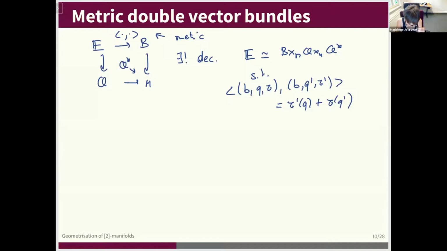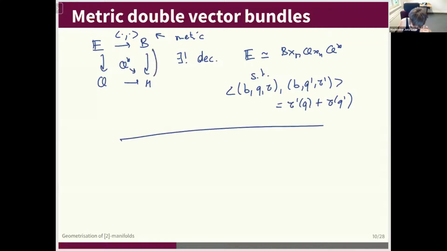And while I'm on this slide, let me maybe say, so on a double vector bundle, we have special sections of E over Q or E over B. And if we have a decomposition, it's really easy to express those sections.